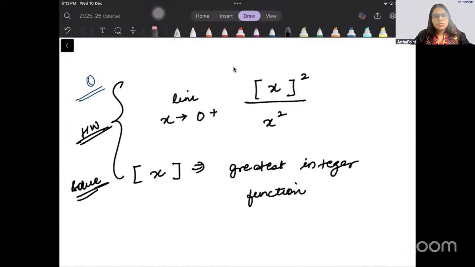No. How about others? What will be the answer to this one for greatest integer function?